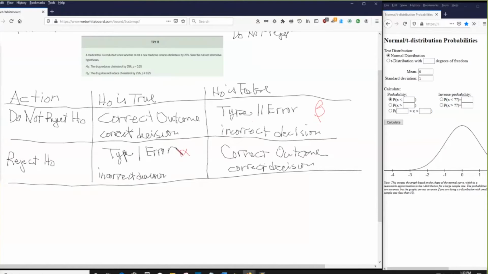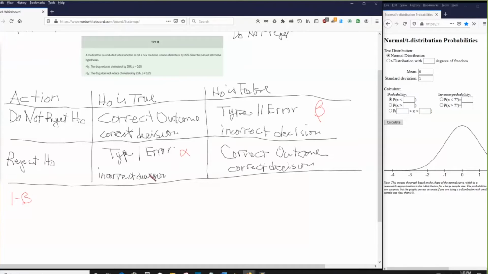Both of these probabilities we want to be as small as possible because they're probabilities of error, and they're rarely zero. 1 minus beta is called the power of the test, and we want that to be as close as possible to 1. Increasing the sample size n will increase your 1 minus beta, and we want that as close to 1.